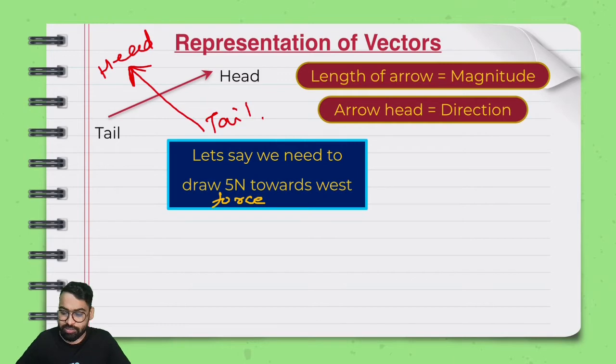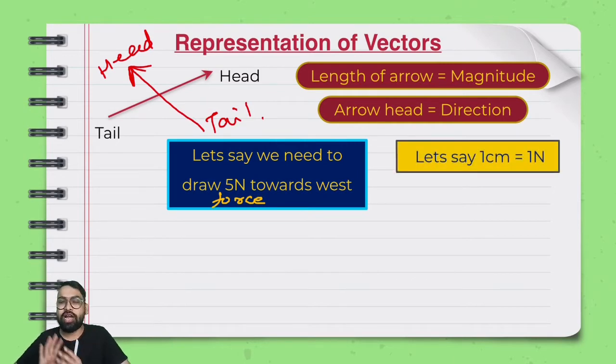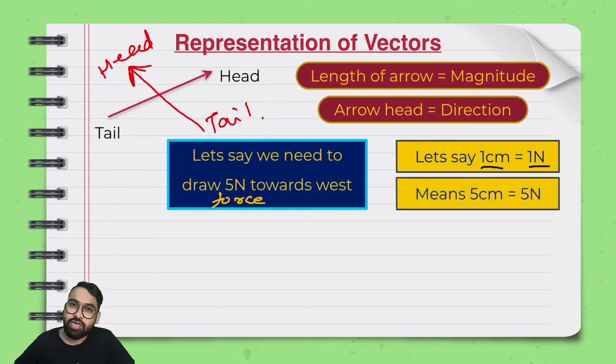Now let us say that, to define or to make this vector exactly, we must know how much length 1 Newton is, right? We have defined this very easily: we are saying 1 centimeter is 1 Newton. So the next thing that we do is we can say that 5 centimeter would be 5 Newton. How? Unitary method.